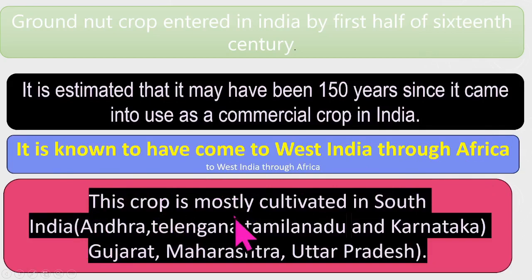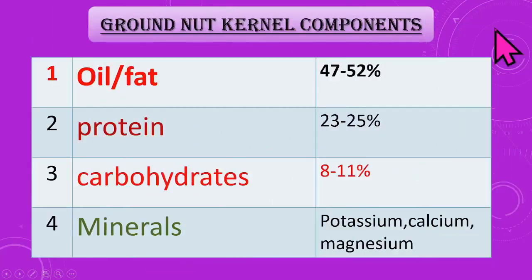This crop is mostly cultivated in South India, that is Andhra Pradesh, Telangana, Tamil Nadu and Karnataka, along with Gujarat, Maharashtra, Uttar Pradesh.